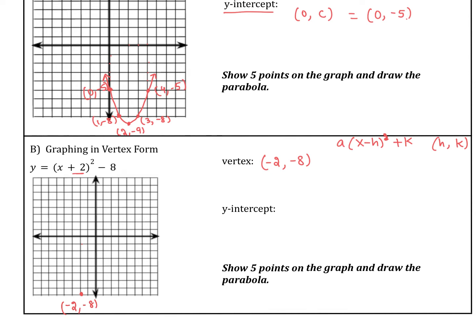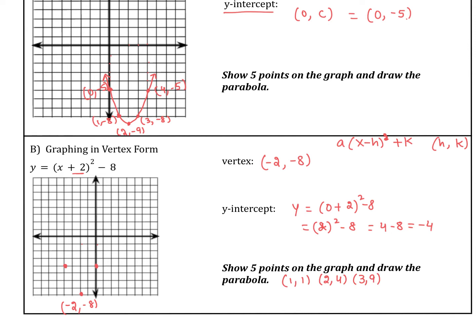To find the y-intercept, you use x as 0, so this is going to be 2 squared minus 8, that's 4 minus 8, which is negative 4. Counting 1 2 3 4, this point, and a replica of this point would be this point right here. Since the number in front, a, is 1, you follow the pattern 1 1, 2 4, 3 9, and that can give you as many points as you need.